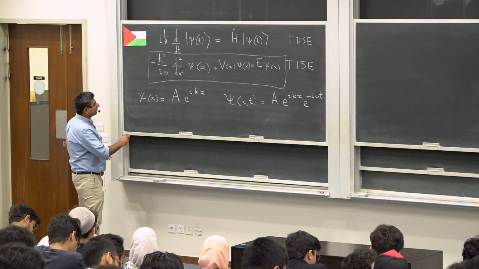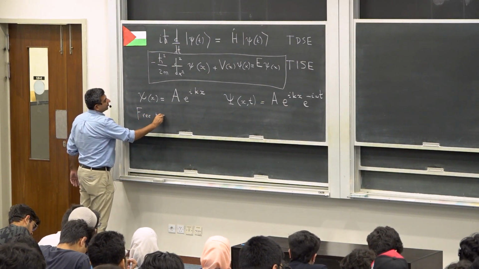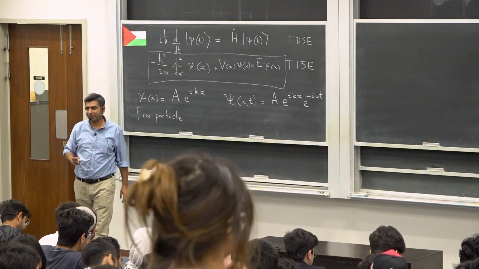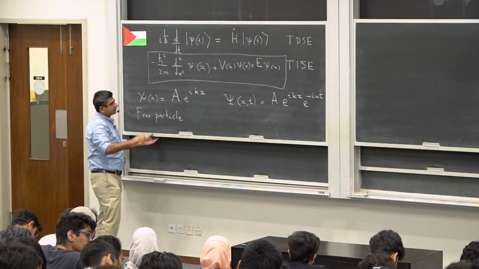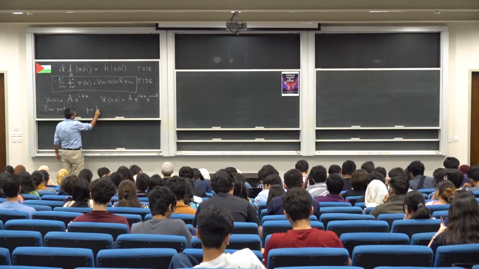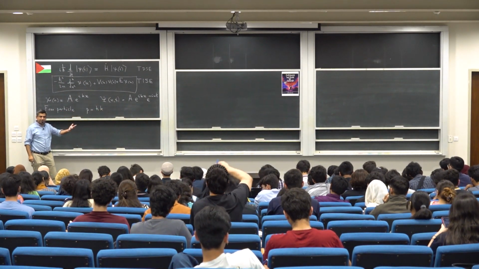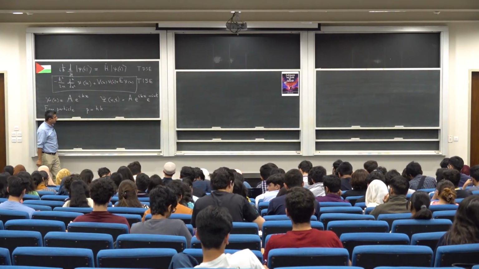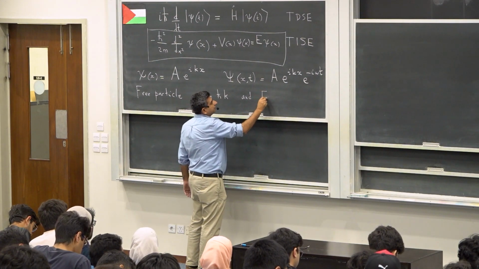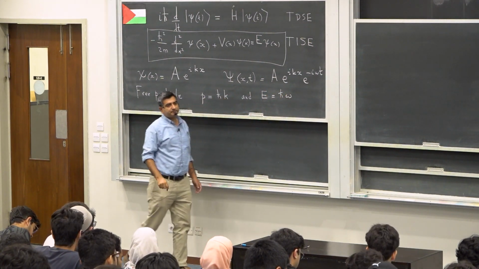We also know that for a free particle, like an electron or a proton, something that has mass, we're not talking about a photon here, by the way, we also have the relationship p equals h bar k, which is the de Broglie relationship. You've learned this in your A levels. And we also know that the energy is h bar omega for such a particle.